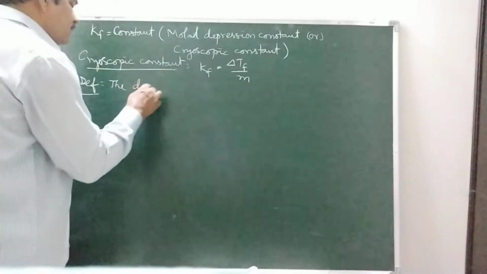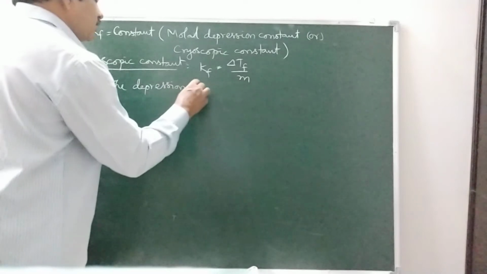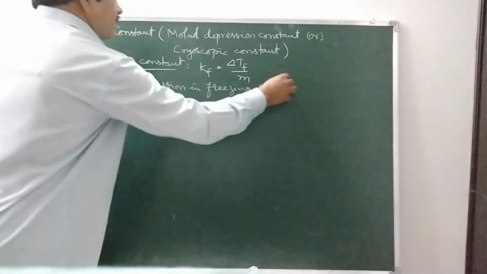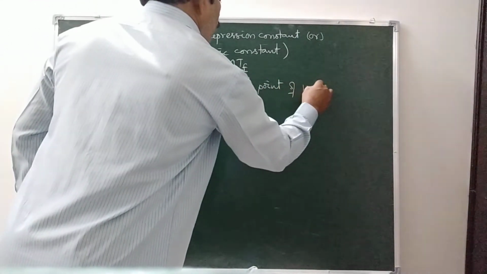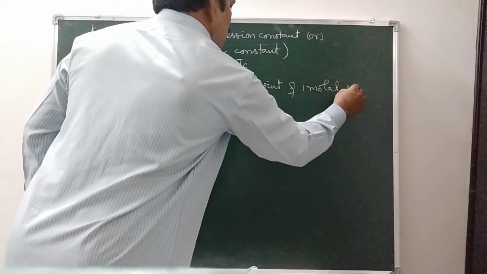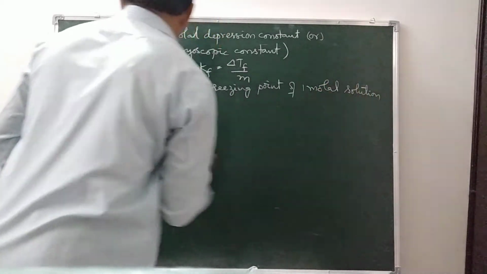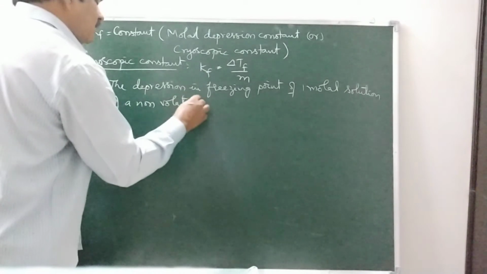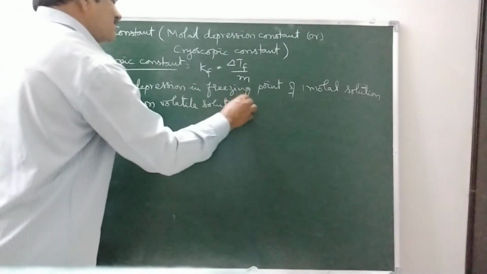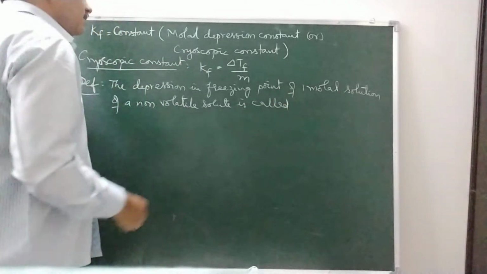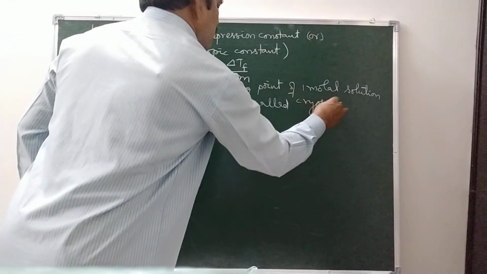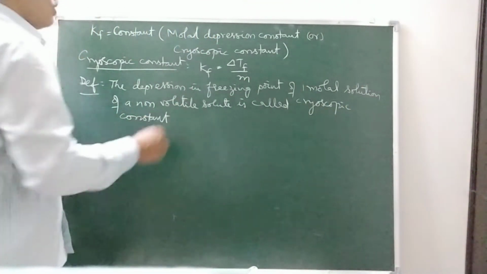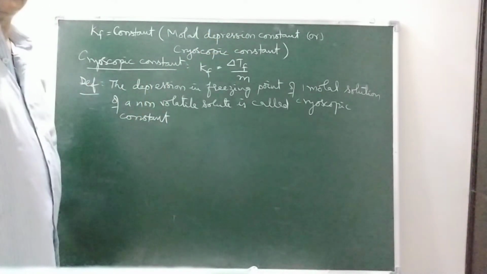The depression in freezing point of a 1 molal solution of a non-volatile solute is called the cryoscopic constant or molar depression constant. So that is the definition.